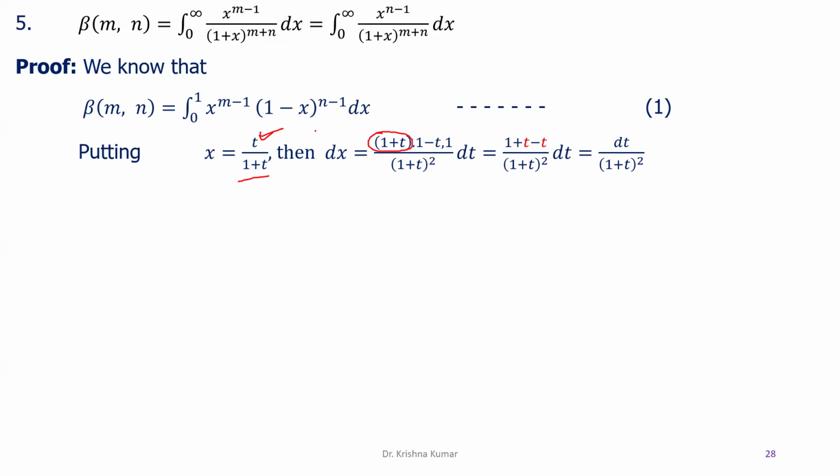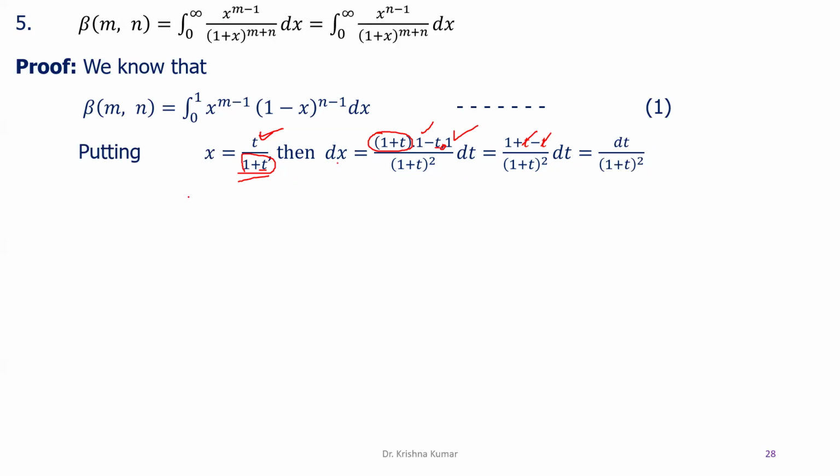Derivative of the numerator t is 1, times the denominator, minus the numerator t times the derivative of the denominator, where the derivative of 1 is 0 and the derivative of t is 1, all divided by (1+t) whole square. This can be written as 1+t-t, so this will cancel, giving 1 upon (1+t)^2 dt. So dx is equal to dt upon (1+t)^2.